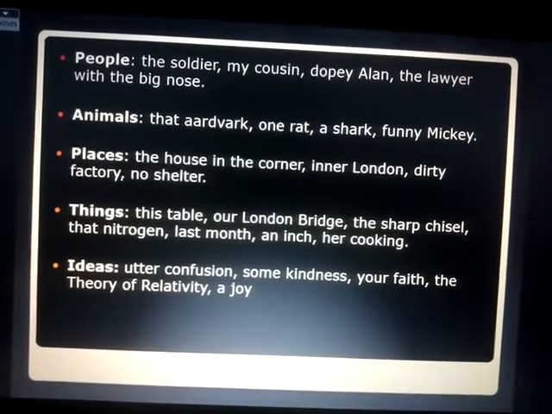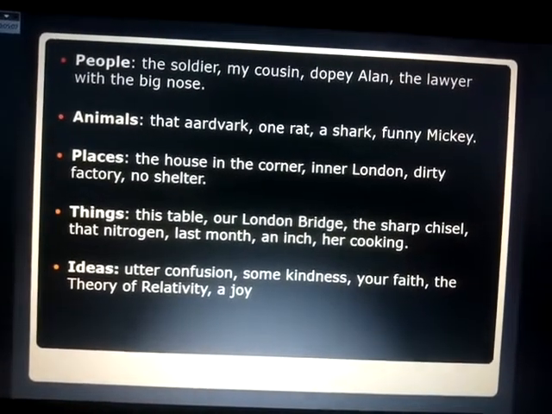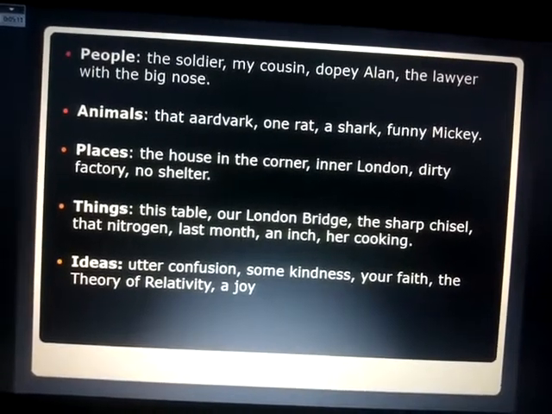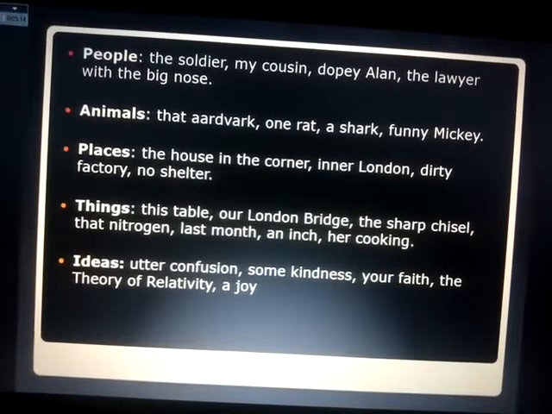We say the soldier, my cousin, the lawyer with a big nose.